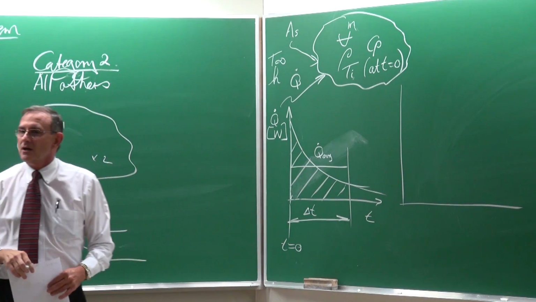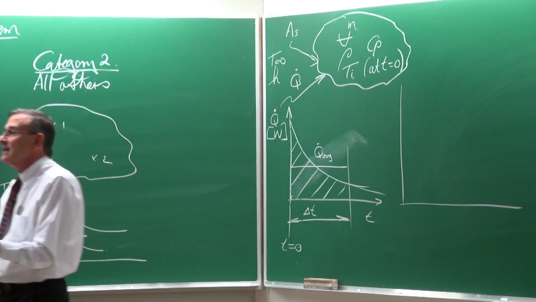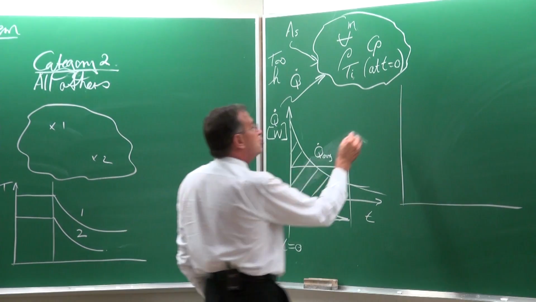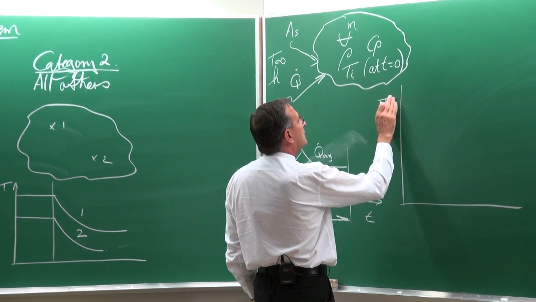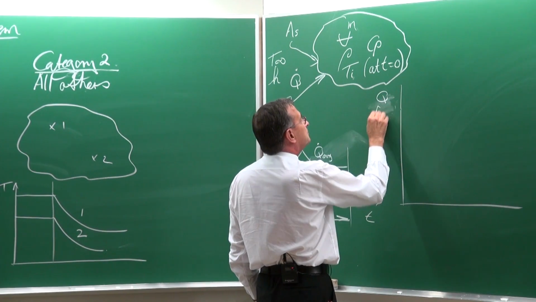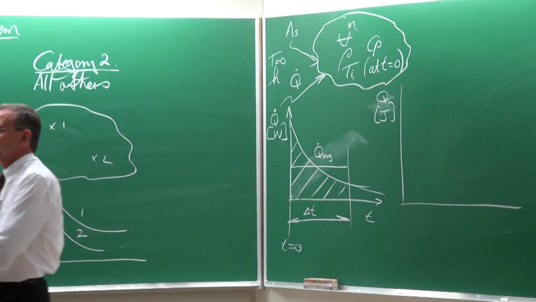You agree? So you just integrate this and you divide by delta t, and that will give you the average heat transfer rate during a delta t. Now the joules, the heat is measured in joules that the body receives.